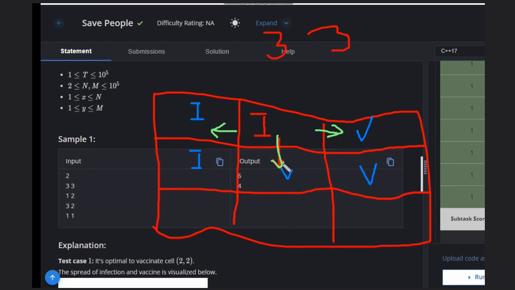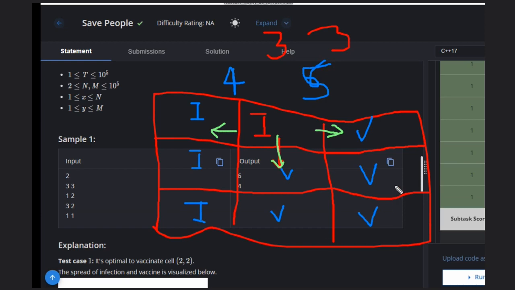So the vaccinated cell spreads here and here. So in total, there will be four infected cells and six vaccinated cells. Not six, sorry, five vaccinated cells. So we have a lesser answer.